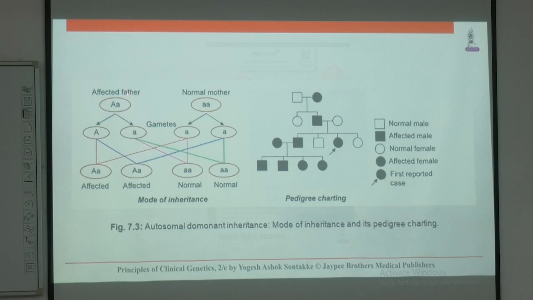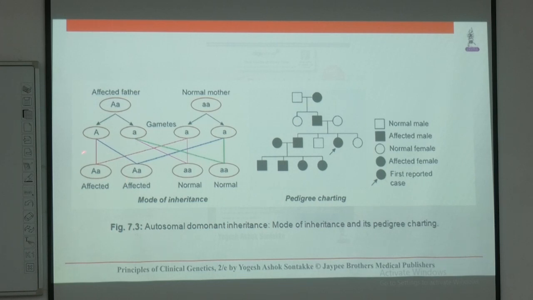From the father's autosomes, two of these are coming, large A and small a. From the mother, both chromosomes coming are of the healthy variety. As a result, when this A mixes with the normal variety, we get the affected variety.